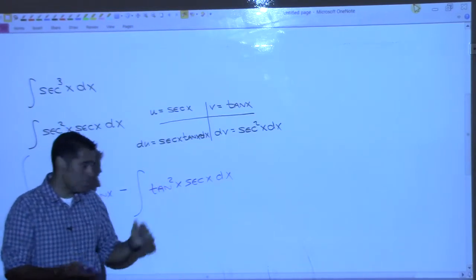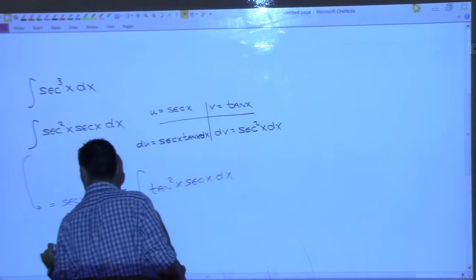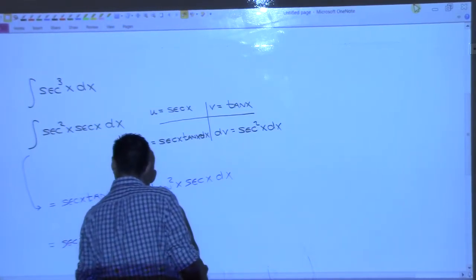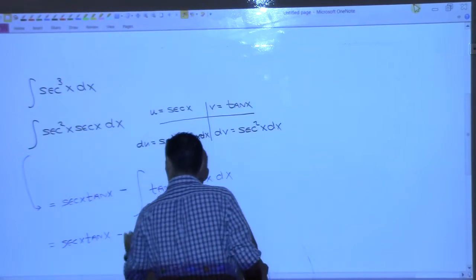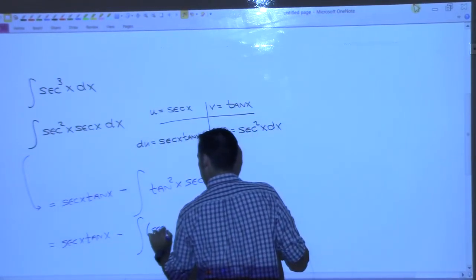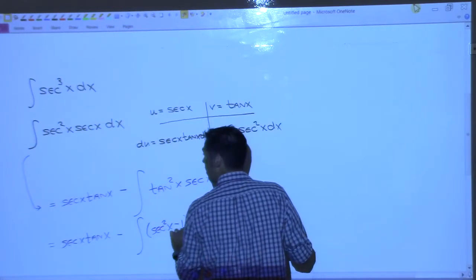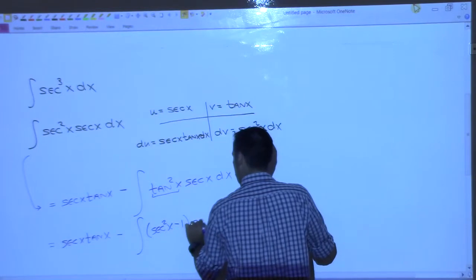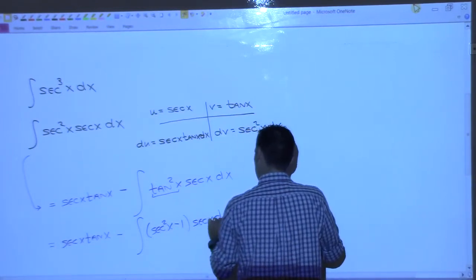So let's just stick with that and see what happens. We have this is equal to secant x tangent x minus integral, replacing tangent squared x with secant squared x minus 1, right? That's this. And then times secant x dx.